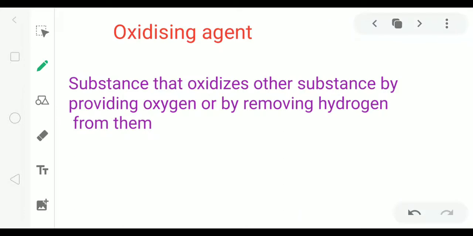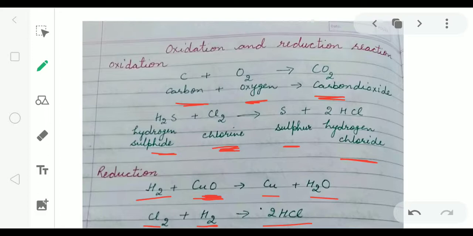Next is oxidizing agent. Substances that oxidize other substance by providing oxygen or removing hydrogen, that is called oxidizing agent. In this oxidation reaction, oxygen is oxidizing agent. How oxygen is oxidizing agent?